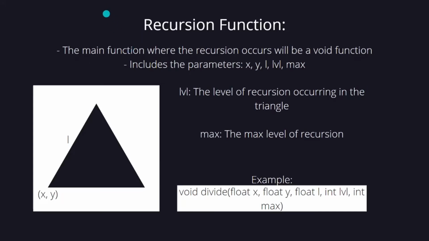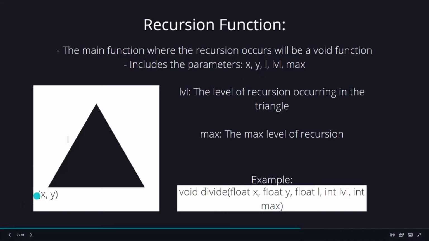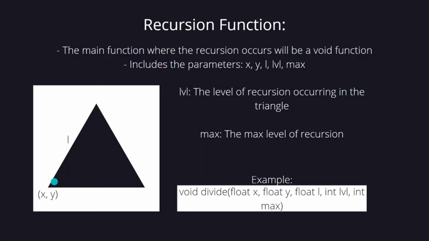For the recursion function, this is the main function where the recursion occurs. It will be a void function, and it includes the parameters x, y, l, level, and max. X and y refer to the xy coordinates of the bottom left corner of the initial triangle.